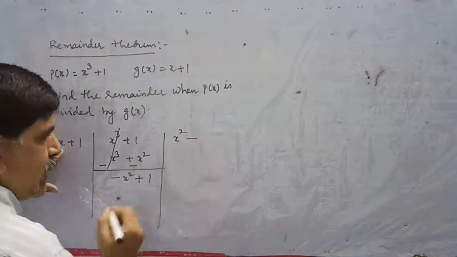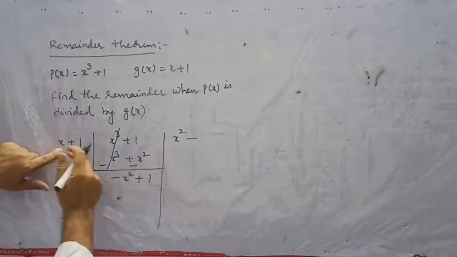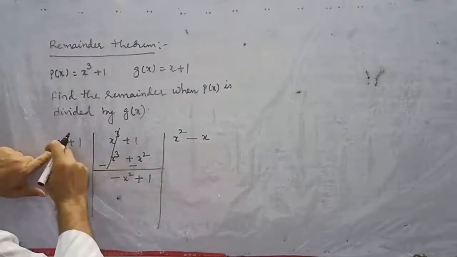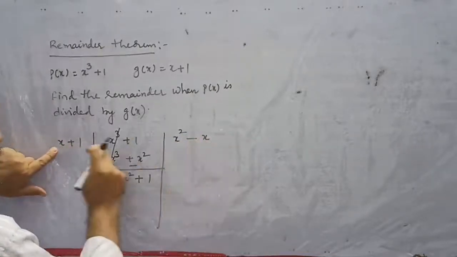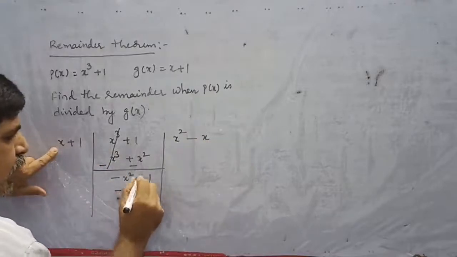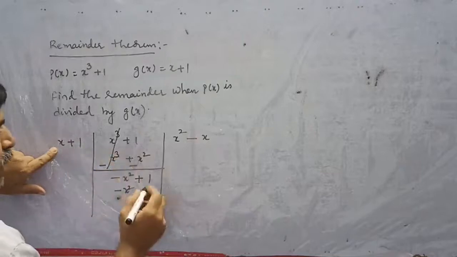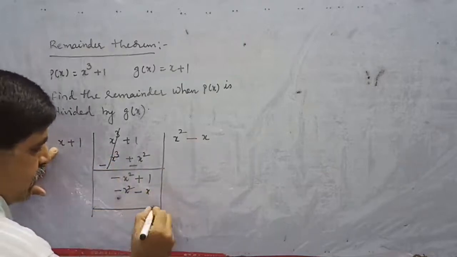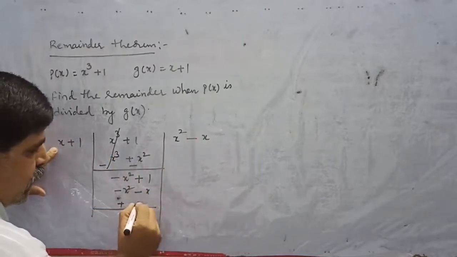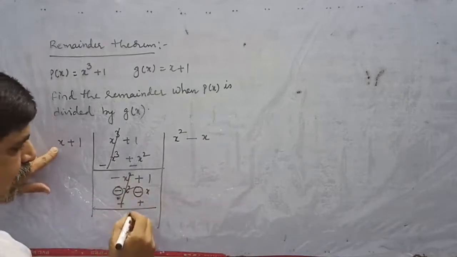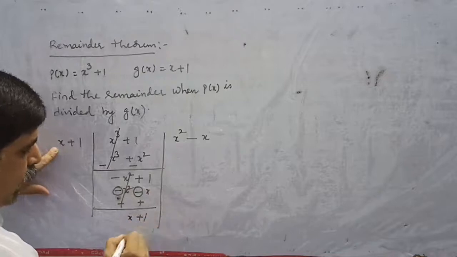You put minus here and x square by x is x. Multiply this one: minus into plus minus, x into x, x square; minus into plus minus, x into 1, x. Change the symbol, plus and this is plus. These two get cancelled and x plus 1.